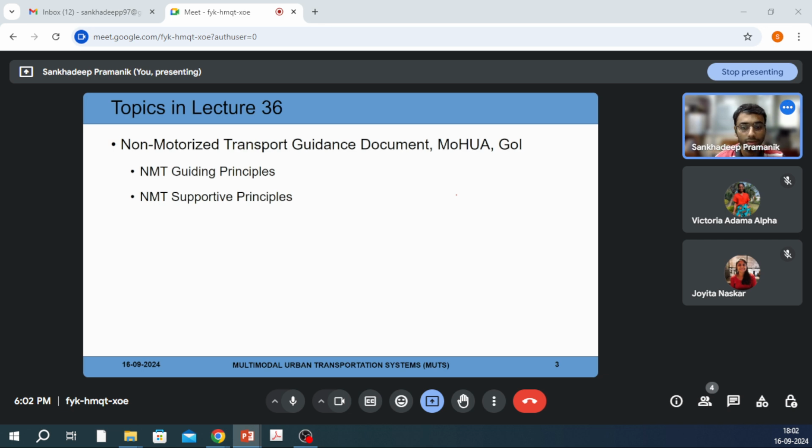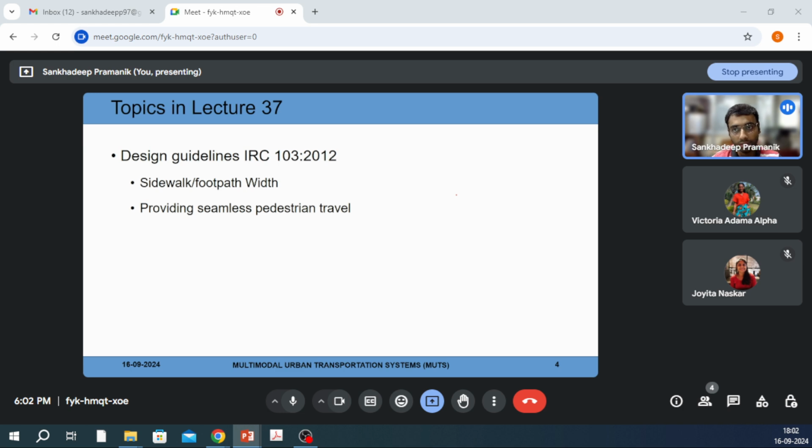First we discussed the 10 guiding principles and the 6 supportive principles of planning the transport system of a city. Then we discussed sidewalks and footpaths, and how to design them for a particular level of service.